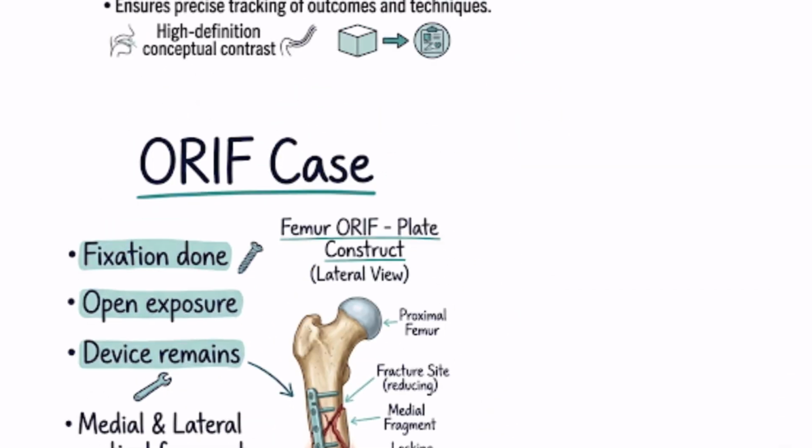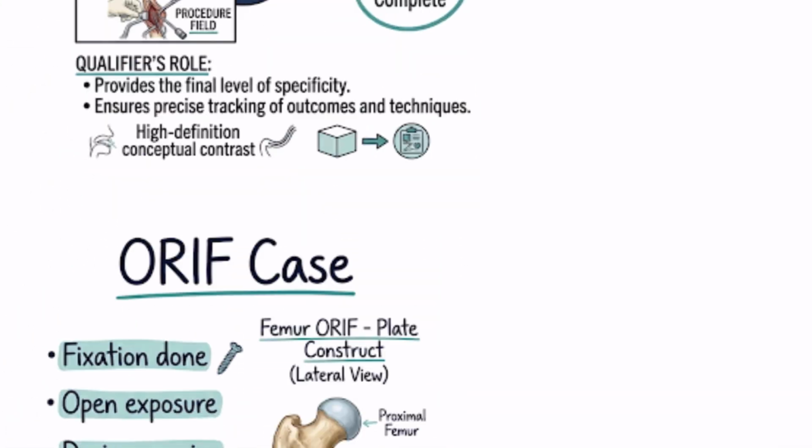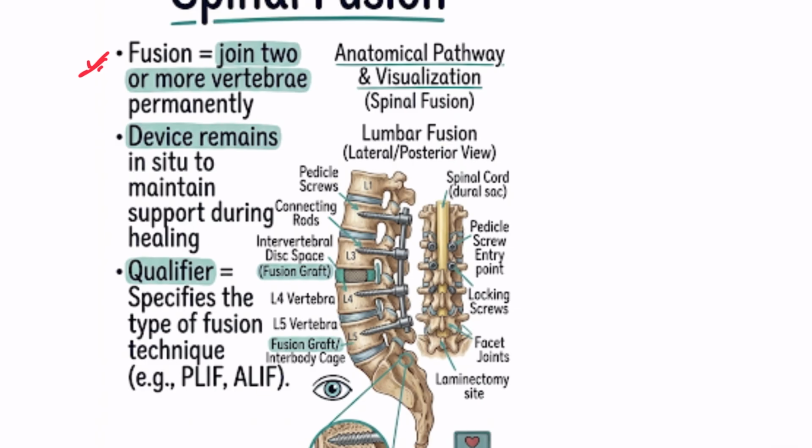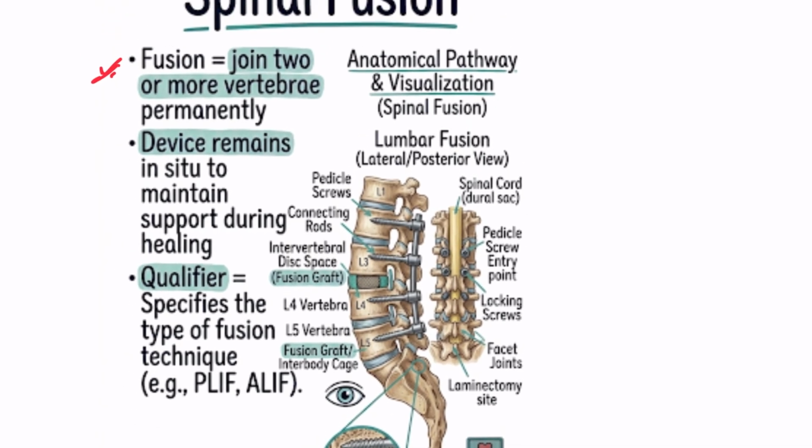We know fusion means joining structures to make them immobile. But there are different types of fusion, different techniques, different approaches to achieving the outcome. And those details are captured by the qualifier. So again, the root operation gives you the objective, the qualifier gives you the specific type.